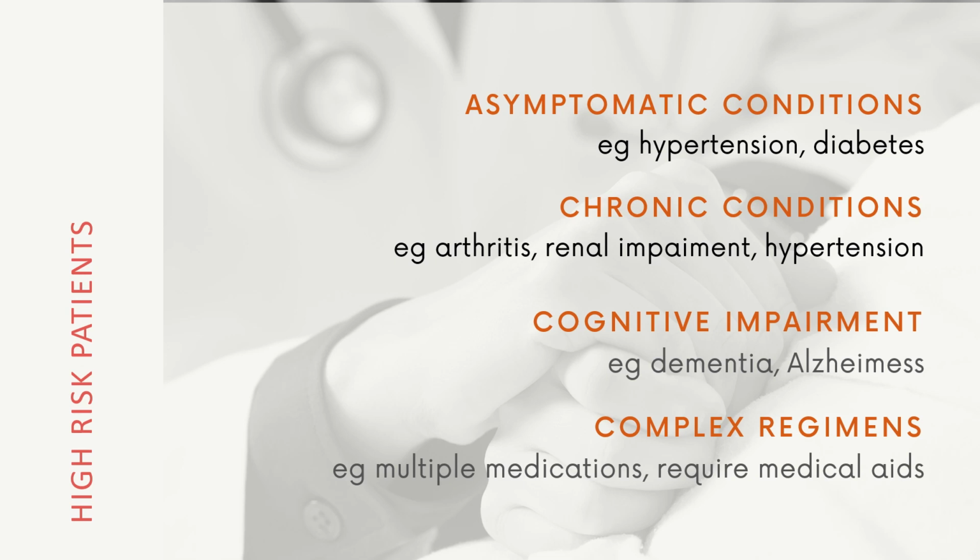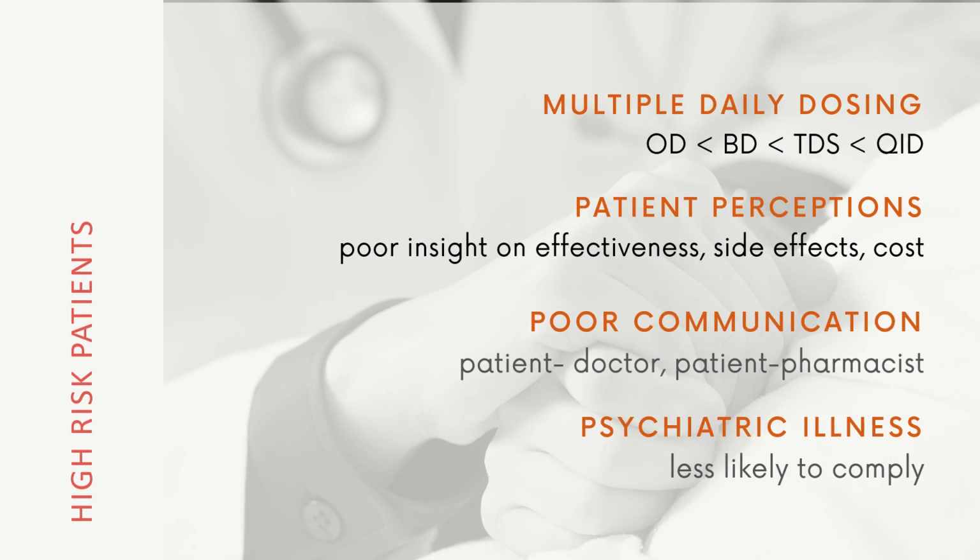Cognitive impairment might also influence their medication-taking behavior. Complex regimens, multiple medications, or those requiring medical aids like inhalers and Accuhalers need certain techniques for patients to really get the benefit. Multiple daily dosing is also a factor; once daily dosing is preferable as compared to 3 or 4 times per day. Patient perception matters too, whether they have poor or good insight on the disease and the medication.